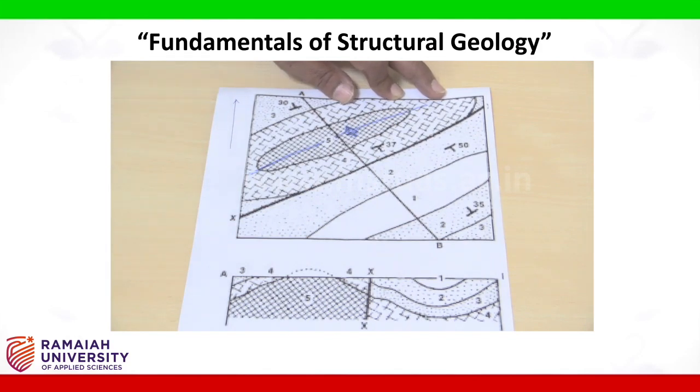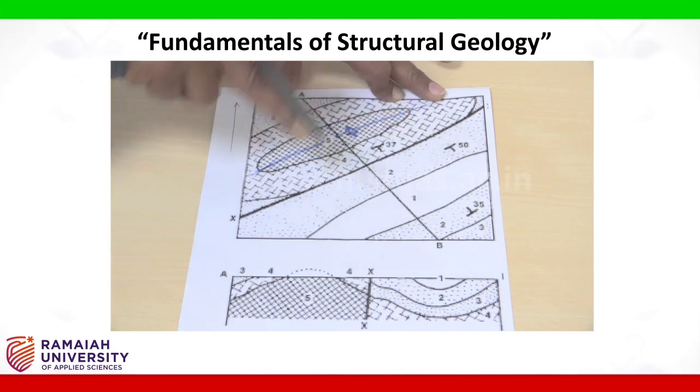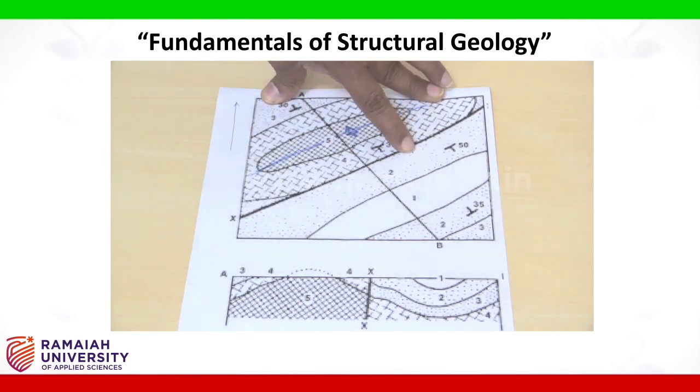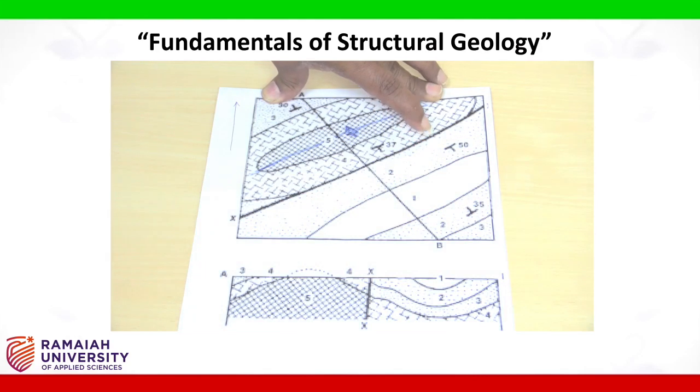Generally, while reading from the Brunton compass, the individual beds have varying amounts of inclination. The maximum inclination is taken as the true dip, and the remaining ones are the apparent dips. And true dips are invariably perpendicular to the strike direction.